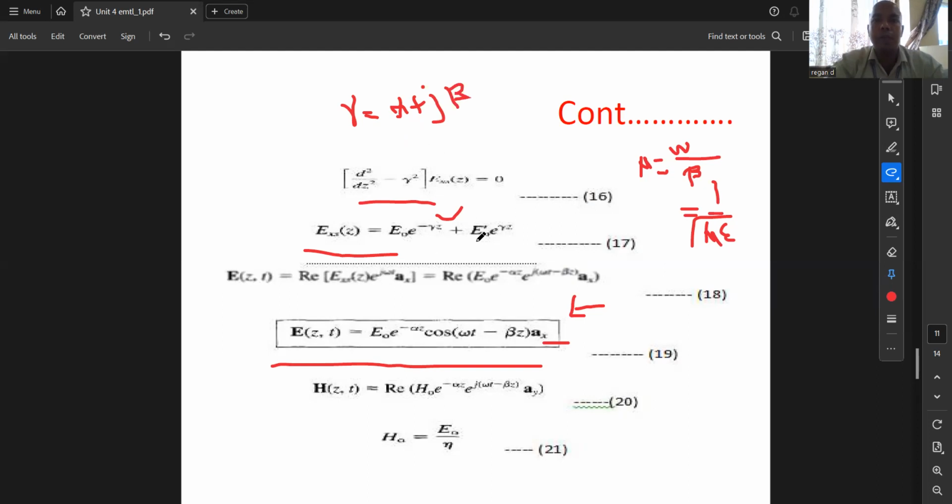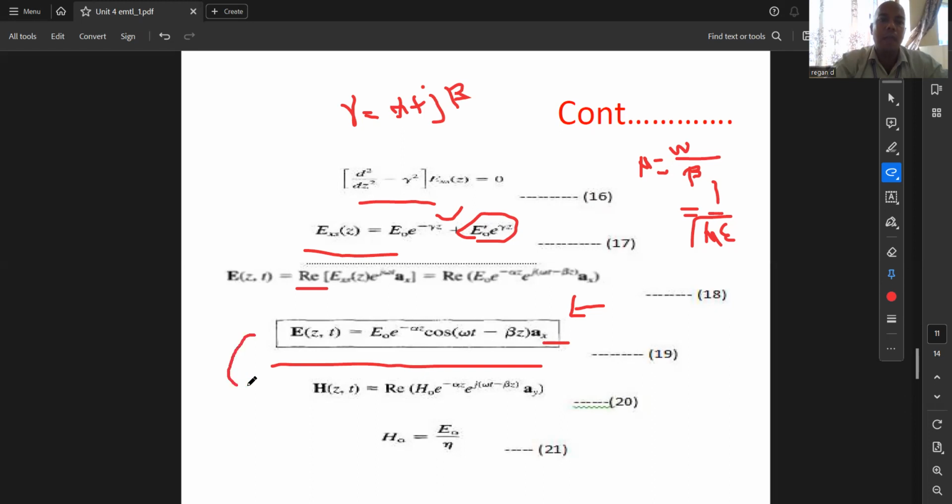If it is in the negative direction, this term becomes 0, so only this is available. E naught and E naught dash are constants. Now we take E naught e power minus gamma, which is alpha plus j beta, times z, and we take the real part, so it becomes E naught e power minus alpha z cos omega t minus beta z.